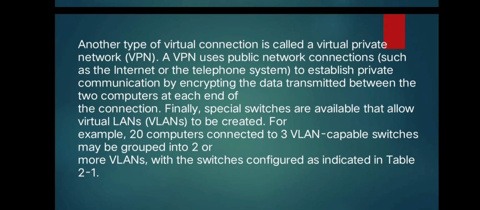Finally, special switches are available that allow virtual LANs, or VLANs, to be created. For example, 20 computers connected to 3 VLAN capable switches may be grouped into 2 or more VLANs with the switches configured as indicated in table 2.1.